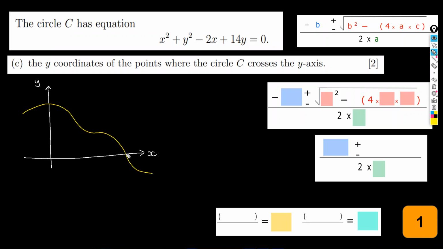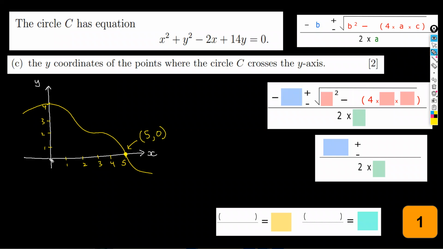Whenever a graph cuts the x-axis, you'll notice, like if I have 1, 2, 3, 4, and over here is 5, the coordinates of this point will be 5, 0.